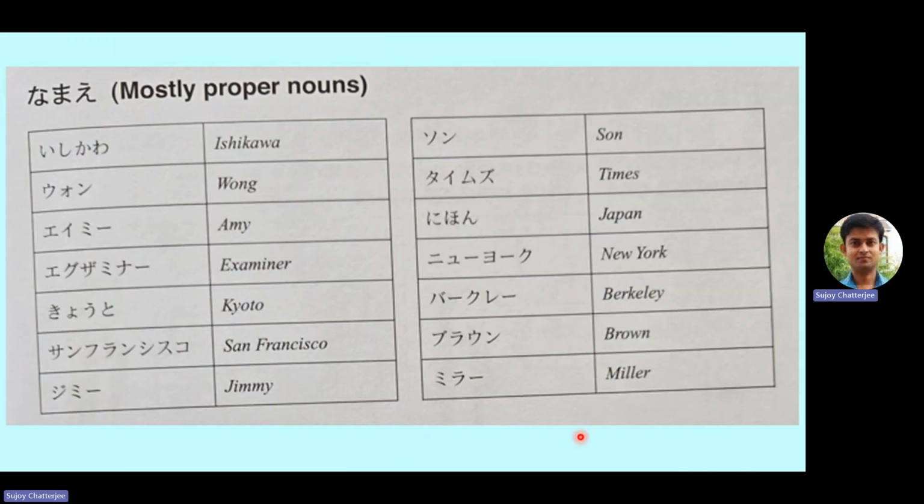And some proper nouns: Ishikawa, Wong, Amy, Examina, Kyoto, San Francisco, Jimmy, Son, Times, Nihon, New York, Park, Ray, Brown, Mira. So in this way, English words become a little bit twisted in Japanese katakana.